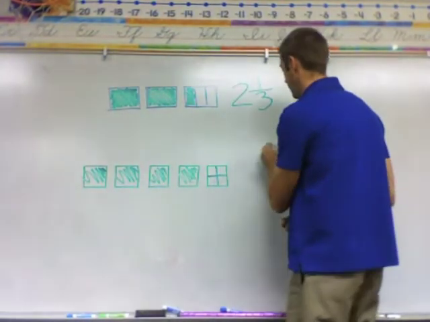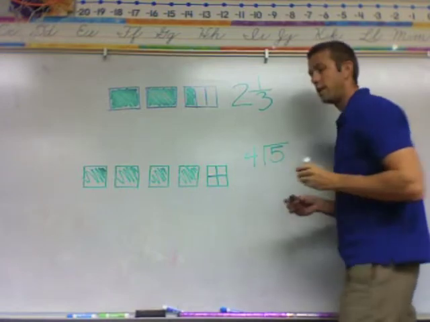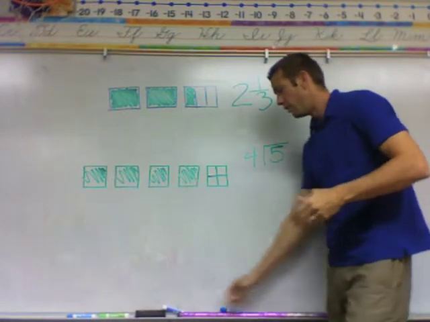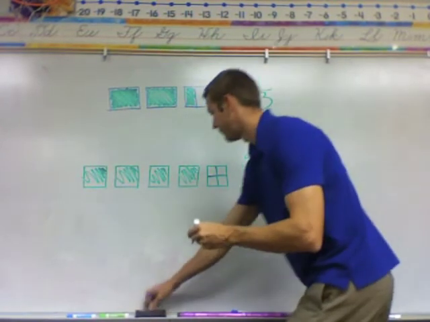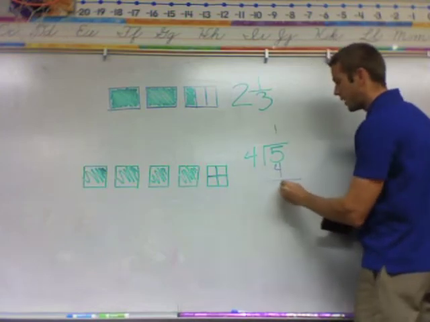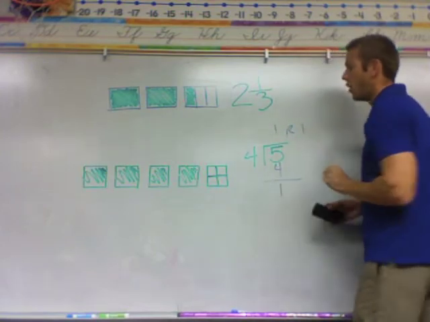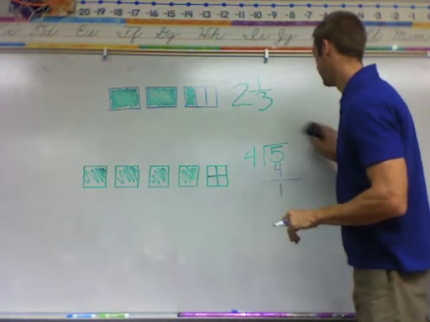You have 5 sandwiches split between 4 friends. Now, a lot of you would think, oh, 1 remainder 1, right? 4 goes into 5 one time. You subtract to get 1. Oh, that's my remainder. 1 remainder 1. That is not correct.